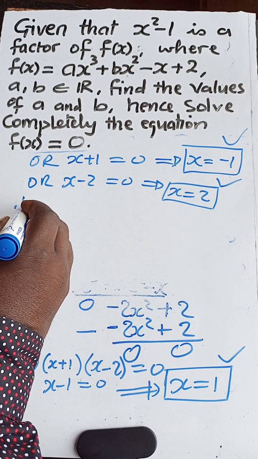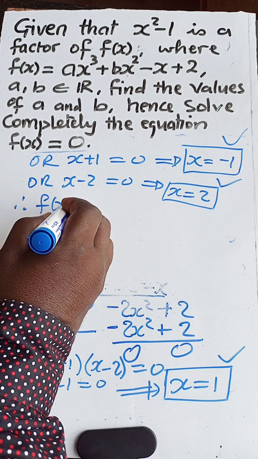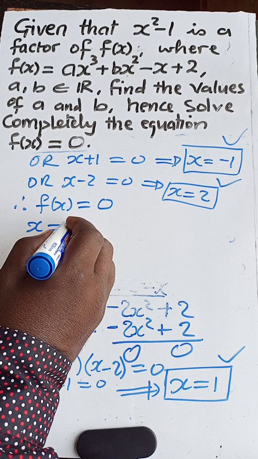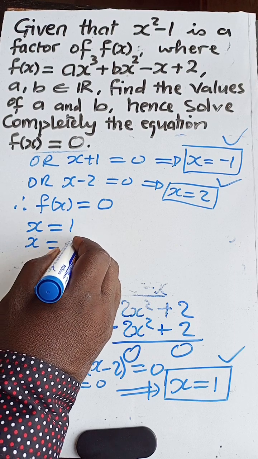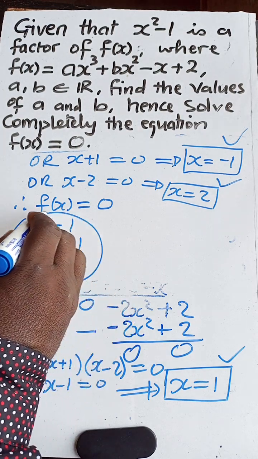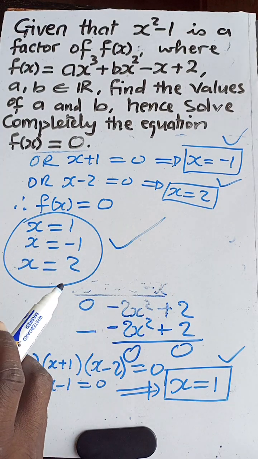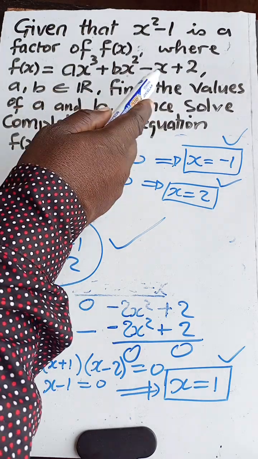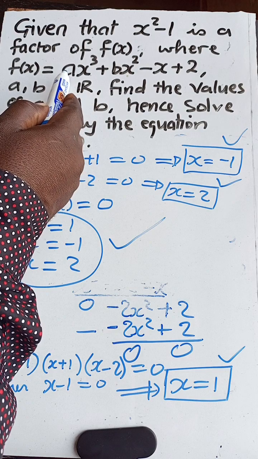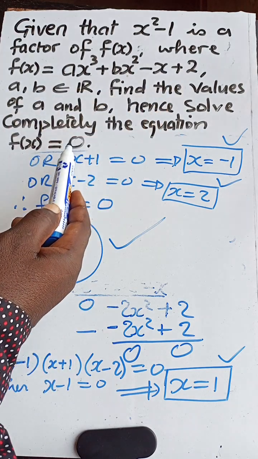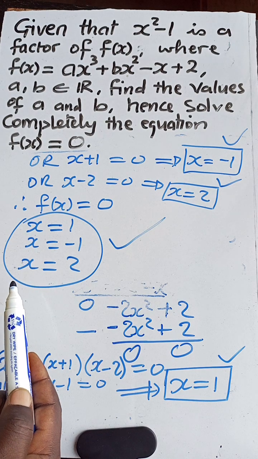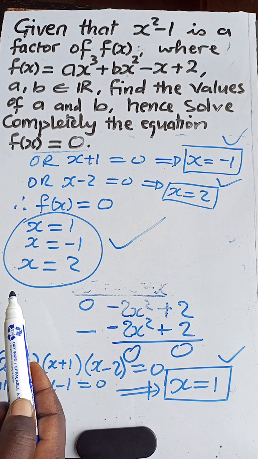Okay? Therefore, the solution for f of x equals 0 will be x equals 1, x equals negative 1, or x equals 2. These are the three solutions when this cubic expression, after getting the values of a and b like we did, is equated to 0 and solved: x equals 1, x equals negative 1, x equals 2.